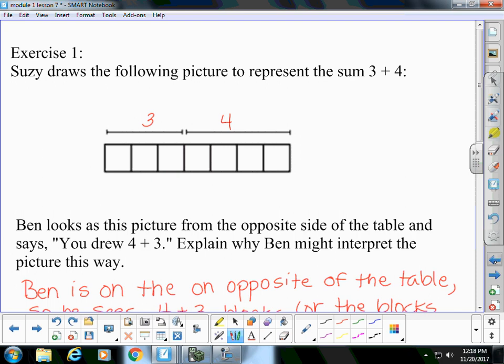So if we go way back to the first example with Susie and Ben, this first one with Susie and Ben looking at adding up 3 and 4, or 4 and 3, that would be an example of the commutative property of addition.